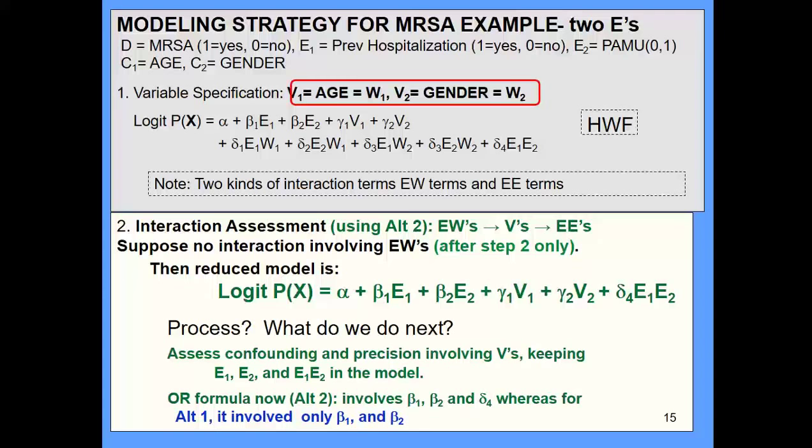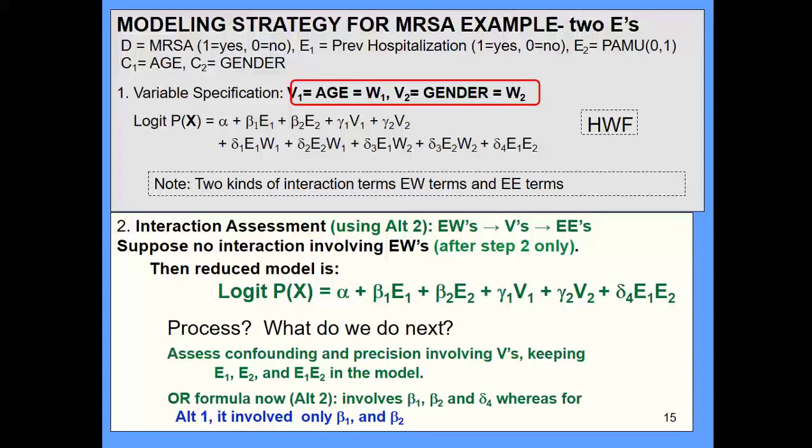Okay. Now let's talk about what we do next. Well, we can assess confounding and precision involving the V's, keeping E1, E2, and E1 times E2 in the model. That's what alternative 2 says. And so the odds ratio formula for alternative 2 is now more complicated.